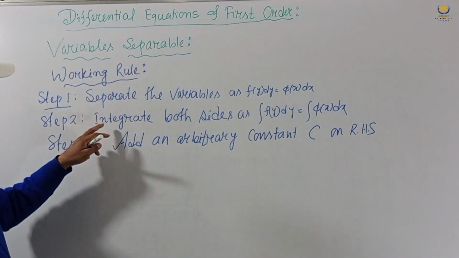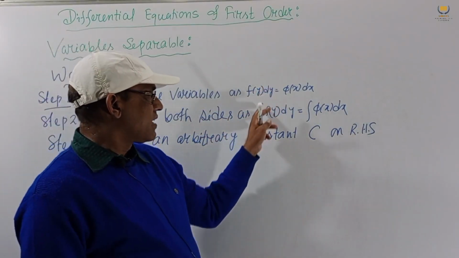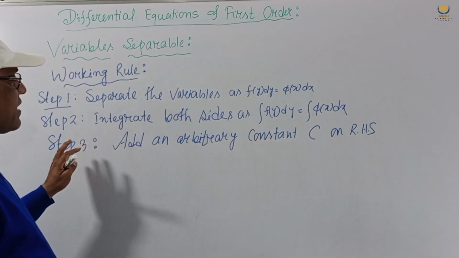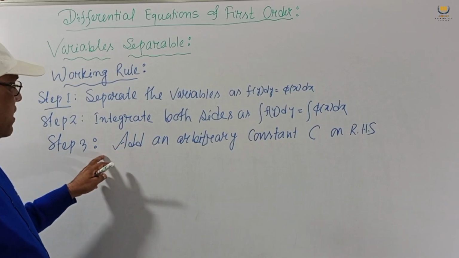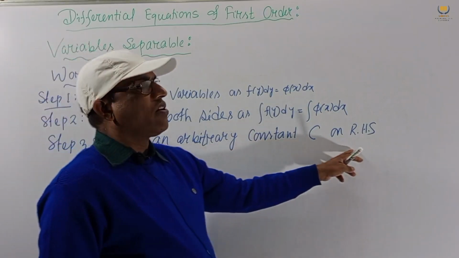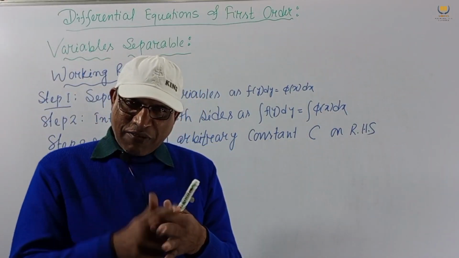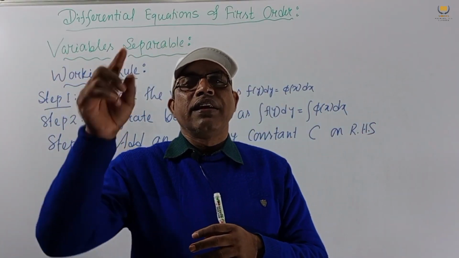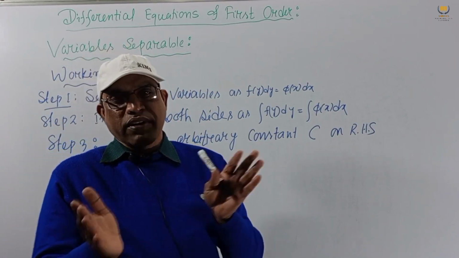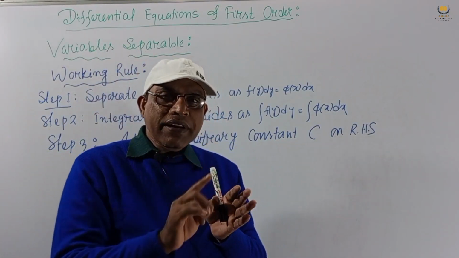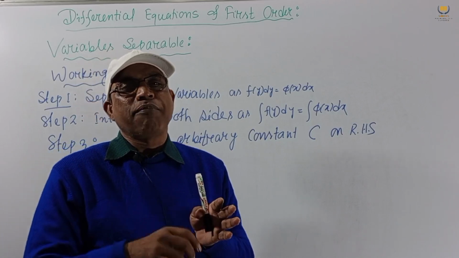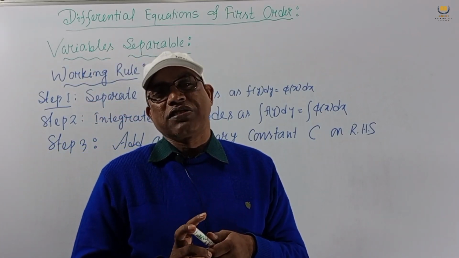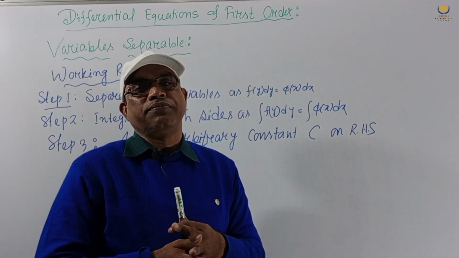Step 2: after separating, integrate both sides, integral f(y) dy and integral phi(x) dx. Step 3: after getting the result, add an arbitrary constant c on the right-hand side. These are the working rules.